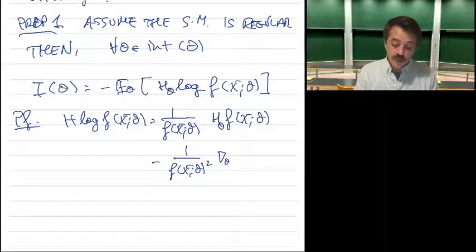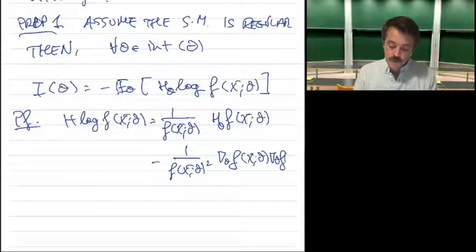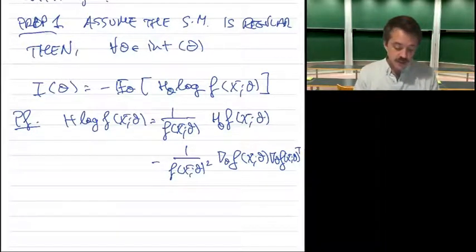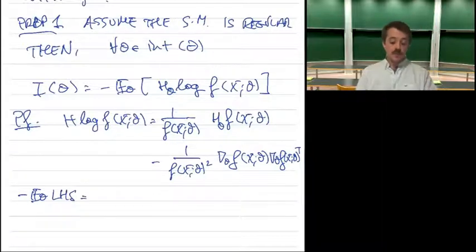This Hessian is with respect to theta. Then it's just a matter of taking the negative expectation under theta of the left-hand side.